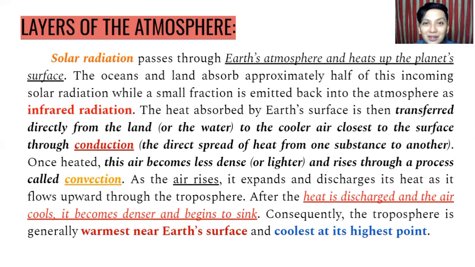Kapag naman nalamigan siya, magiging denser or magiging mabigat, bababa naman yung air. Okay? So that's how it works. Consequently, the troposphere is generally warmest near Earth's surface, and coolest at its highest point. So take note of that. Warmest near Earth's surface and coolest at its highest point.